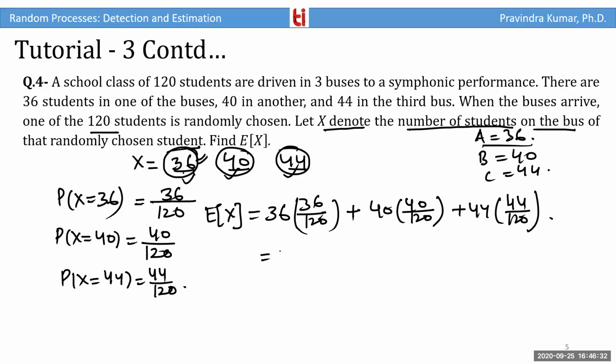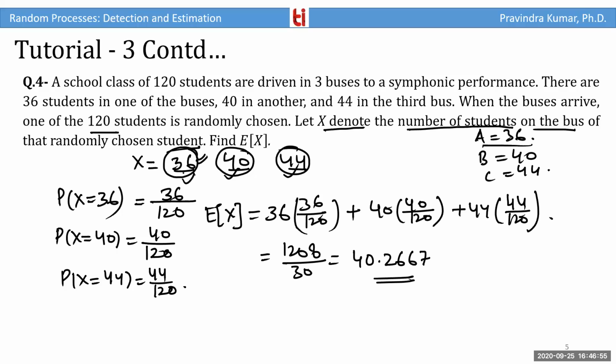So from here you can find out 40.2667. So this is the answer of this question.